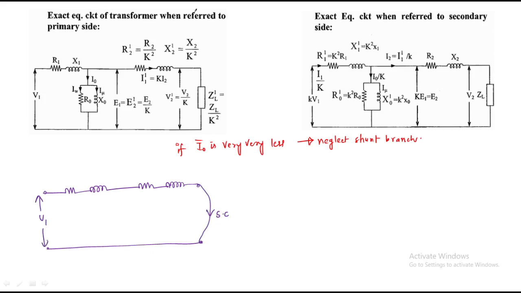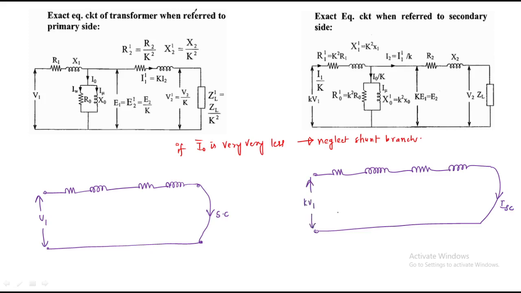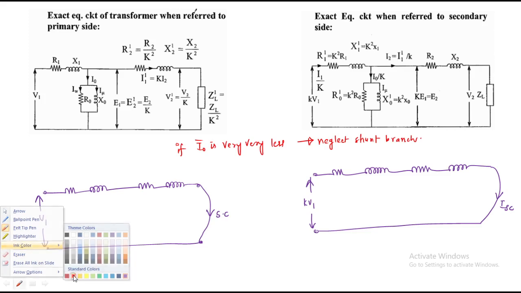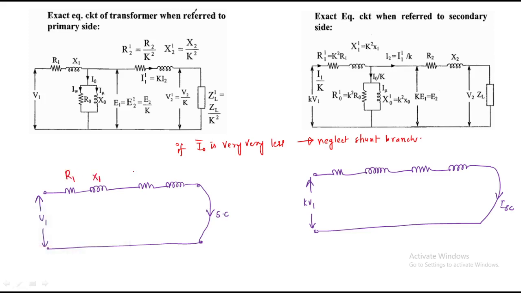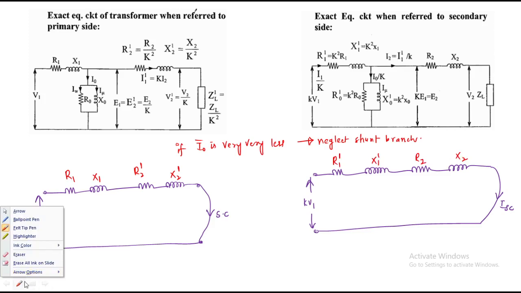This is the supply voltage. Referred to the primary, we have R1, X1, R2 dash, X2 dash. Referred to the secondary, we have R1 dash, X1 dash, R2, X2, and the supply voltage becomes KV1.